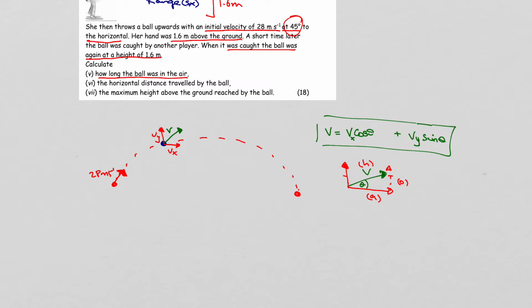And therefore the opposite is always the hypotenuse times sine theta, and the adjacent is always the hypotenuse times cos theta.